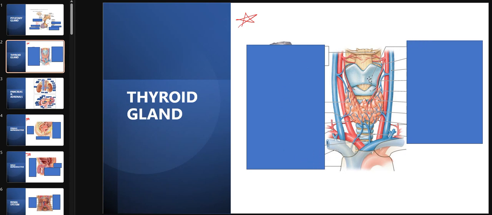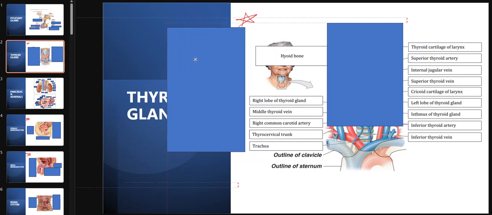We have thyroid cartilage of larynx, superior thyroid artery, internal jugular vein, superior thyroid vein, cricoid cartilage of larynx, left lobe of thyroid gland, isthmus of thyroid gland, inferior thyroid artery, and inferior thyroid vein. So internal jugular vein, right common carotid artery. Okie dokie.